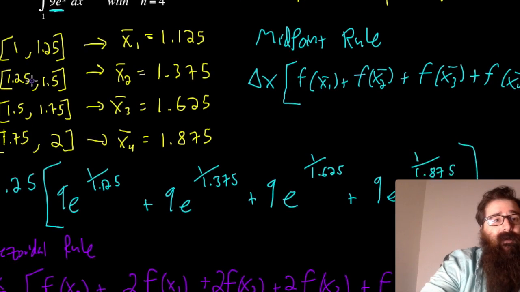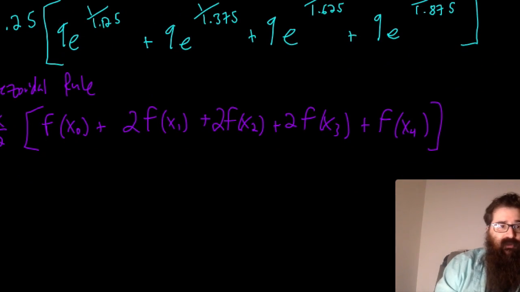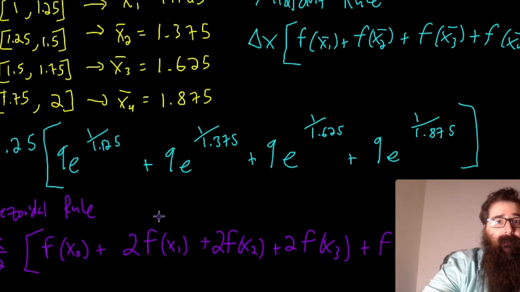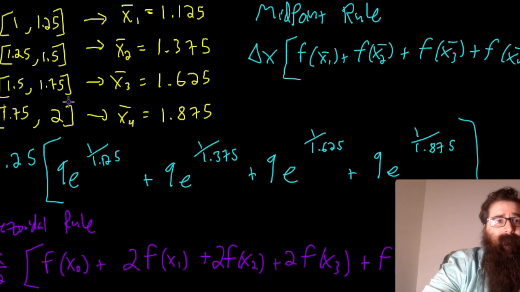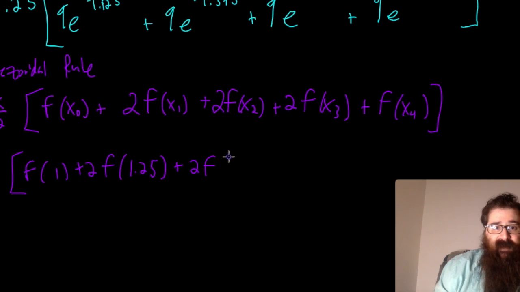But let's go ahead and write out this formula now as it pertains to our example. Here we have delta x divided by 2 in front. And here I would want f at 1, right here, x sub 0 is 1. Next, I would want 2 times f at 1.25. Next, 2 times f at 1.5. Next, 2 times f at 1.75.